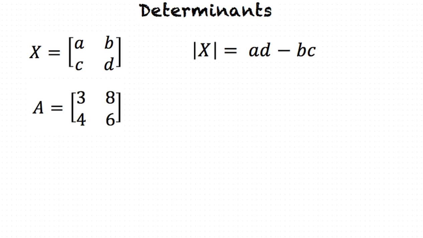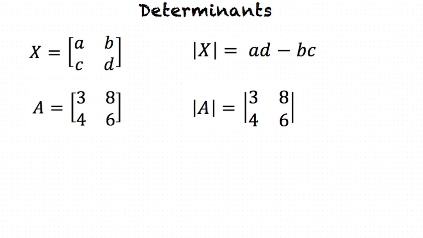We will now look at matrix A. A is equal to first row 3, 8, second row 4, 6. Now we must take the determinant of A. We will write this as |A| equals the determinant of first row 3, 8, second row 4, 6.